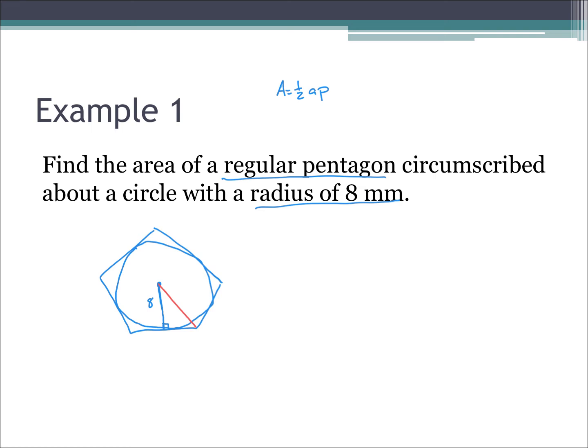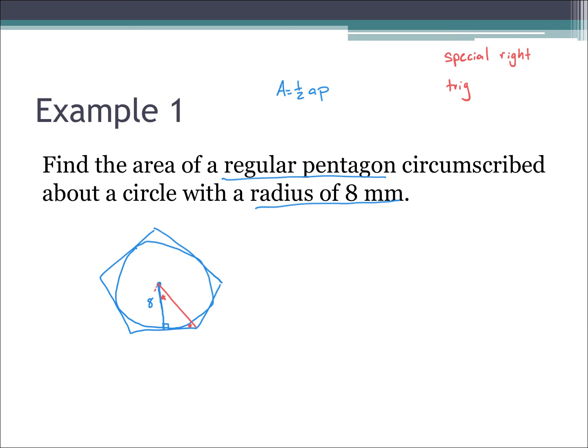So now I need to go to my other methods. And my other methods for right triangles are special right triangles and trig. Okay? Now both of these require knowing an angle. I don't know a whole lot about this bottom angle down here, but this angle up here is part of a central angle.